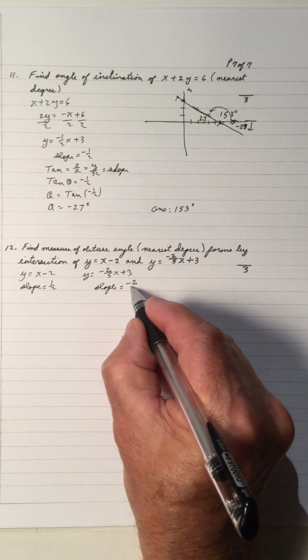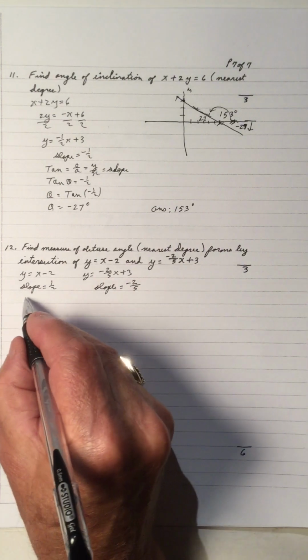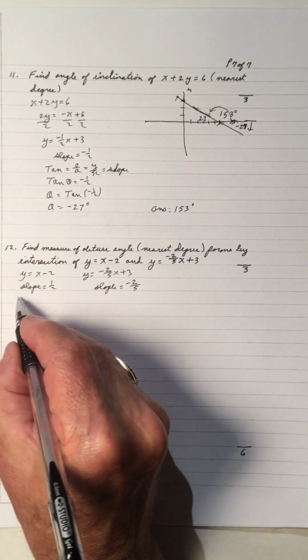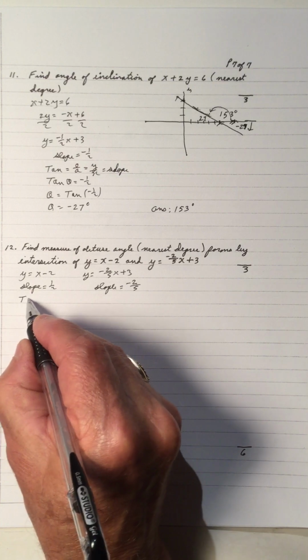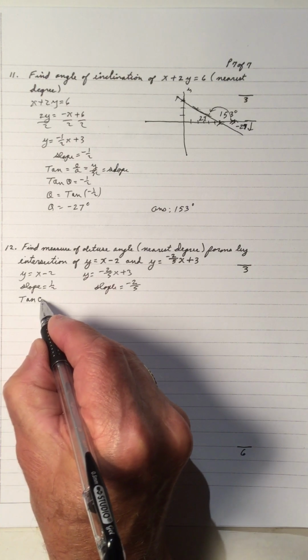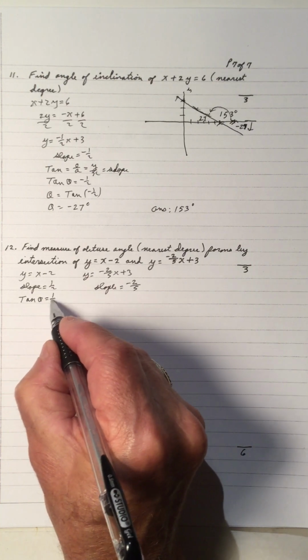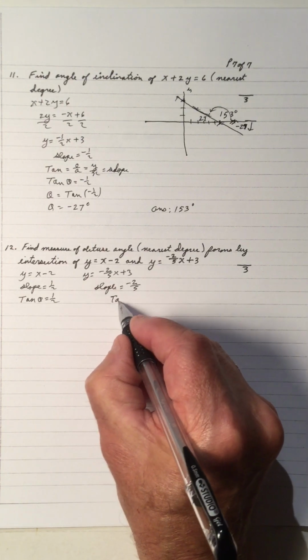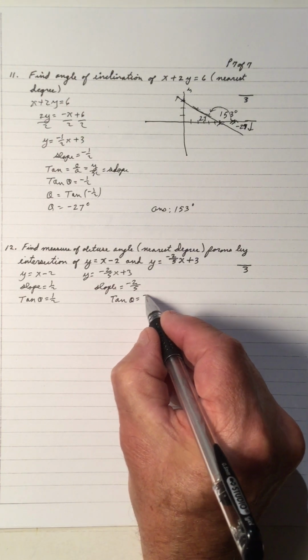The tan of theta is the slope, so for the other line you have negative 2/5.